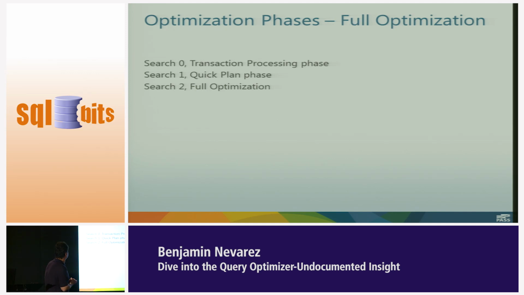If there is no good solution, it's going to do another optimization. Go to search 1, and finally, if at that moment there is not a good execution plan yet, based on a specific value, it is going to try the last optimization, full optimization. Okay?